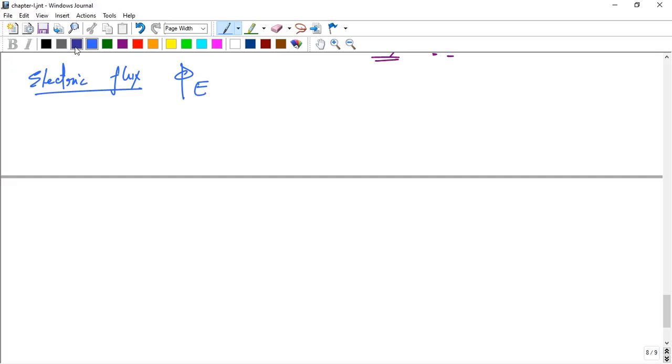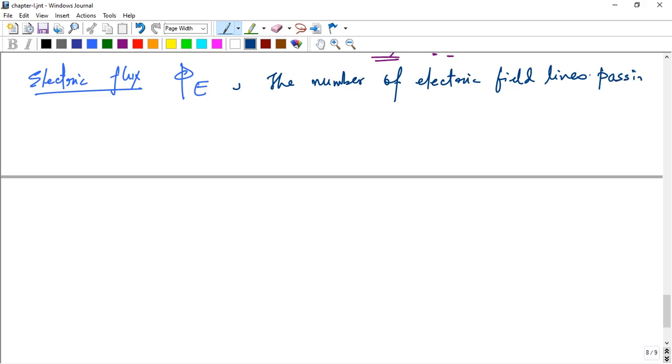So the definition of electric flux is the number of electric field lines passing normally through a given area.